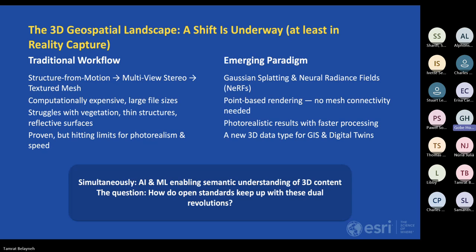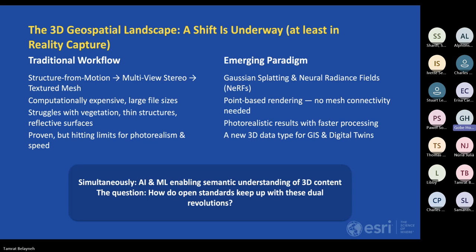So there is a new emerging paradigm of being able to capture as fast as possible, without sacrificing or compromising a lot of the visual fidelity. And this is where Gaussian splatting and this whole area of NeRFs, neural radiance fields, becomes very important. Now, the key thing here is it's point-based rendering, with no connectivity of meshes.